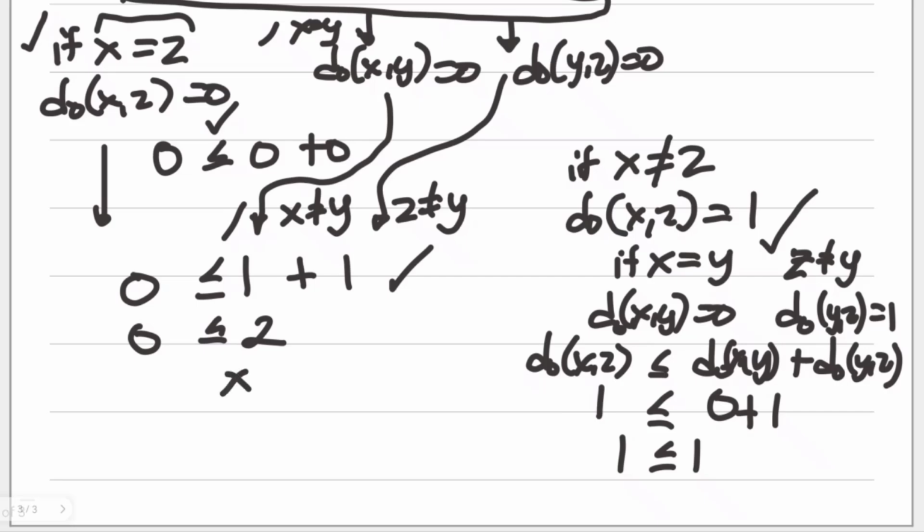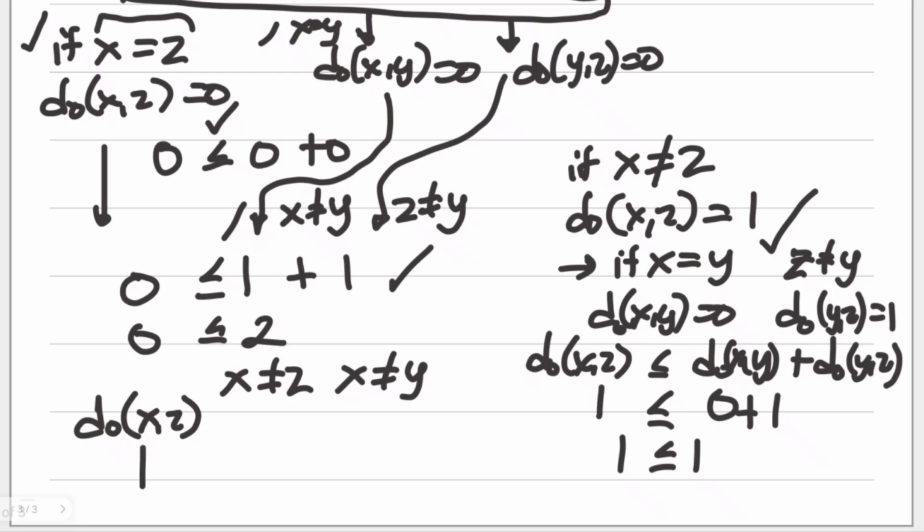If x is still not equal to z, but x is also not equal to y, we can say that z may be equal to y. We have the distance of x and z as 1. The distance of x and y, they are not equal, is 1, plus the distance of y and z.